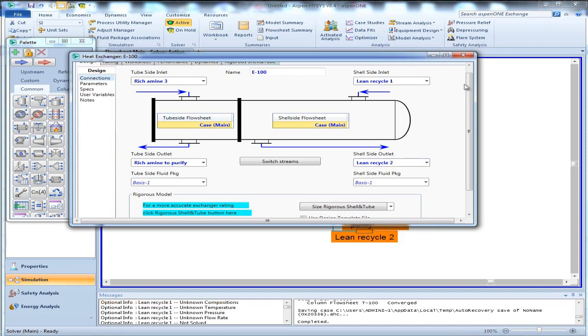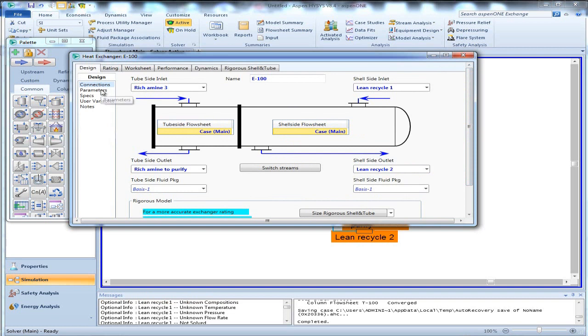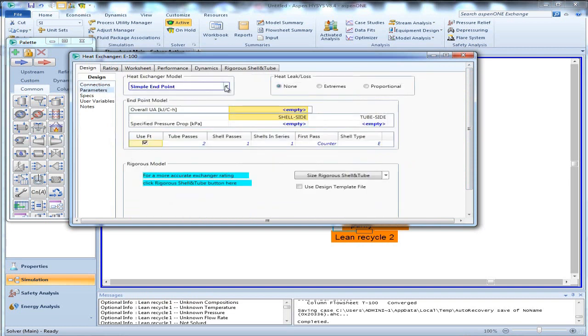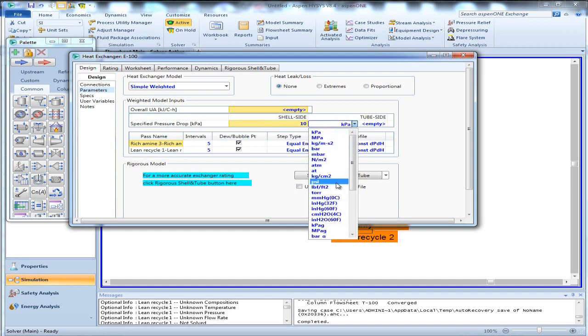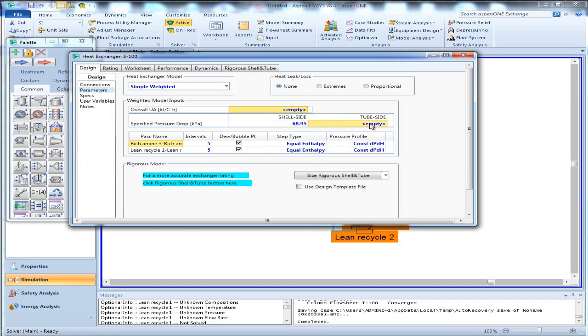Okay, and the way to calculate that using simple weighted, specify pressure drop in both sides as 10 psi.